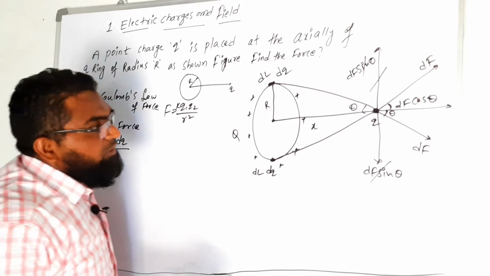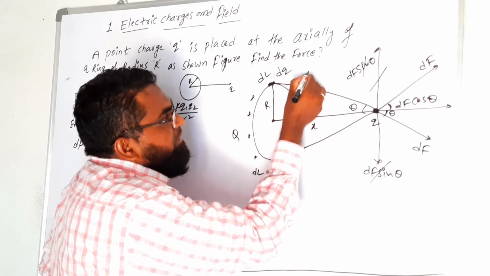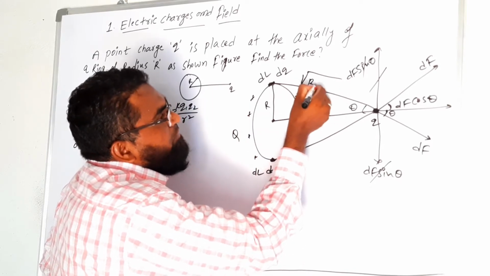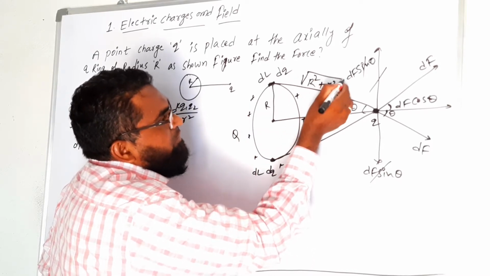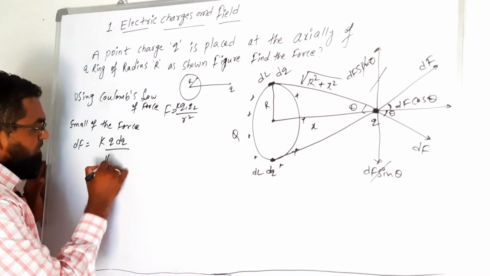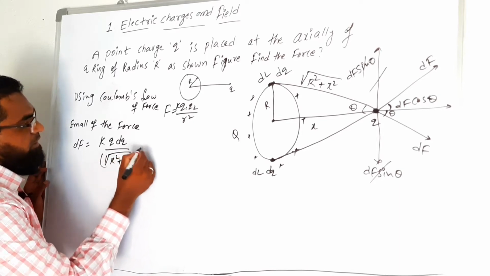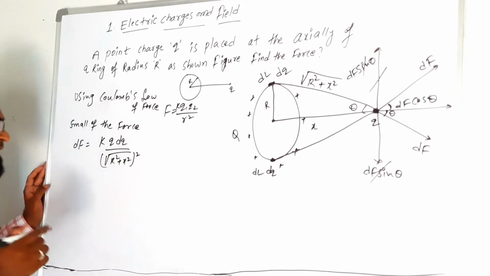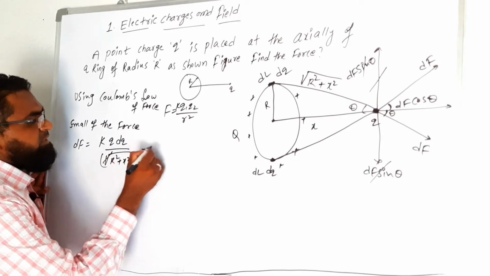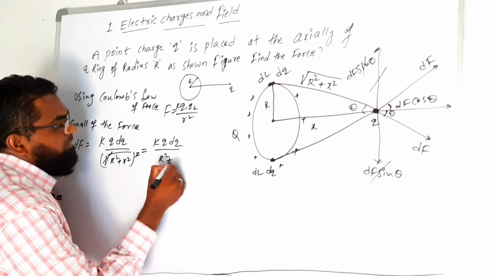Now for r square, see here, this is the adjacent side, this is the hypotenuse, so the hypotenuse is root over r square plus x square, whole squared. The root and square cancel, so dF equals k q dq by r square plus x square.